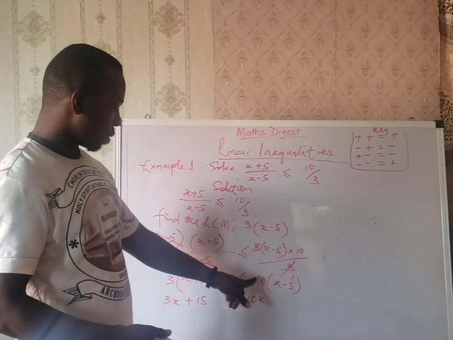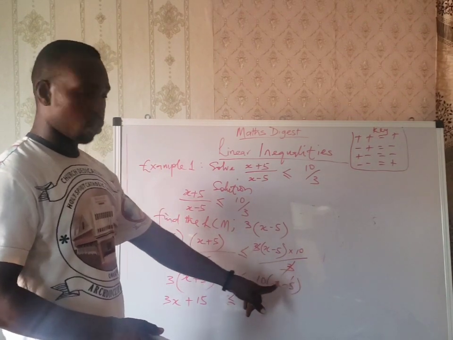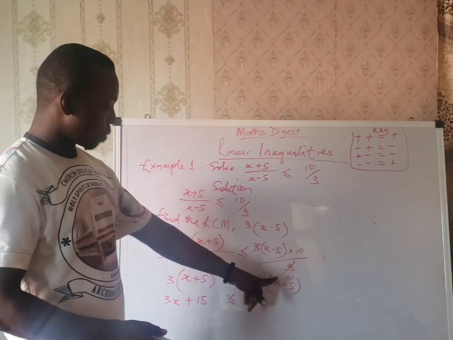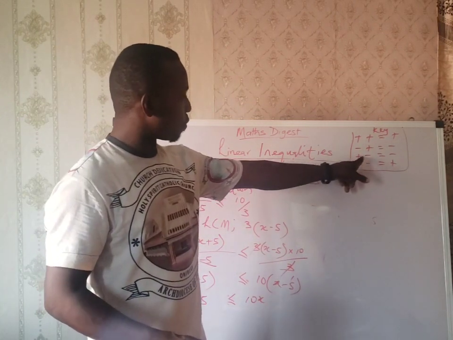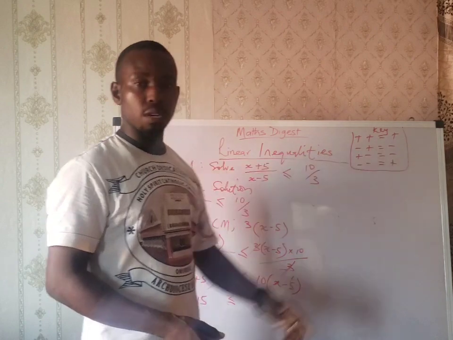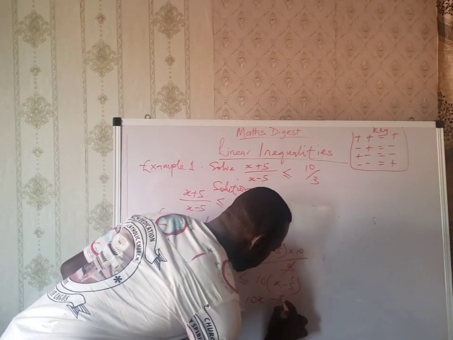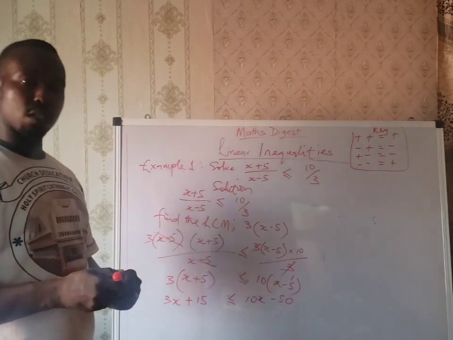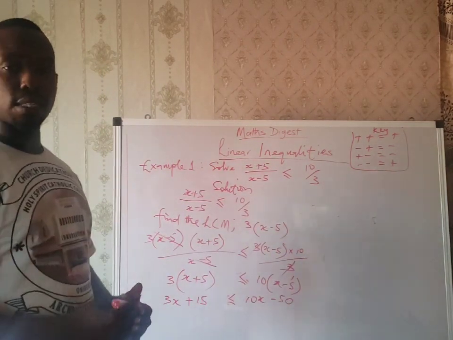This is positive, multiplying a negative. From this key, we can see positive times negative, so the answer will be negative. So we have minus 50. At this point, we are going to collect like terms.